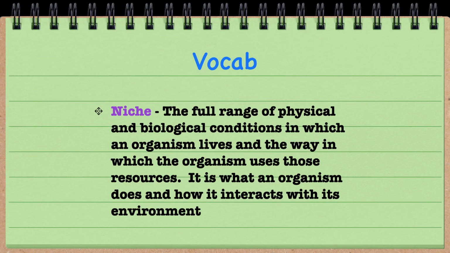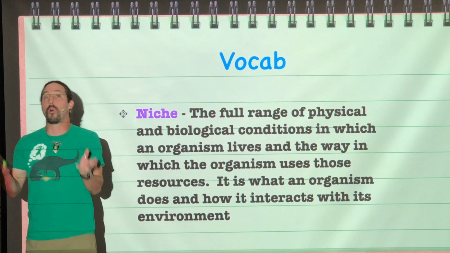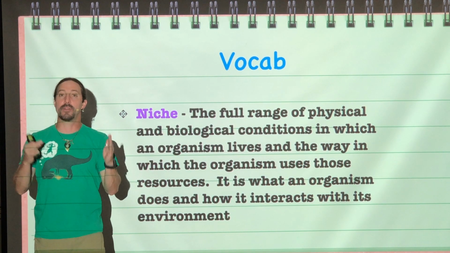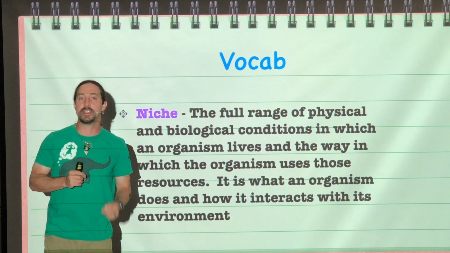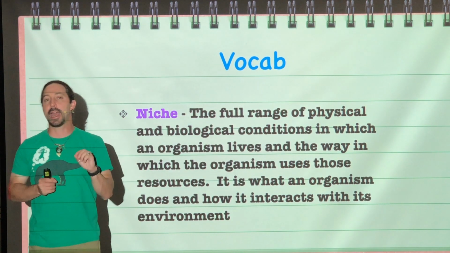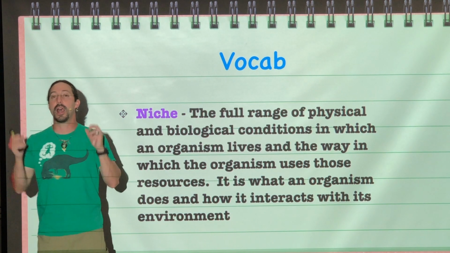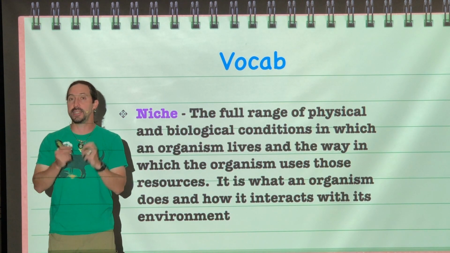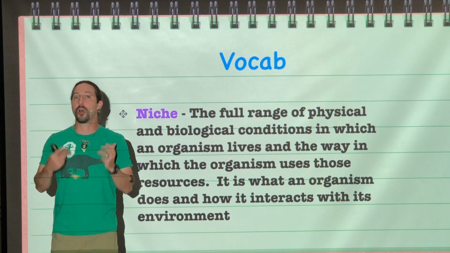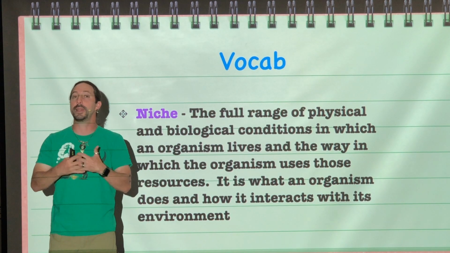Well, let's get started. First off, vocab, a niche. What is it? Basically, an organism's role in its specific environment. And what's important about a niche is that you're not going to have two different organisms within the same ecosystem occupying the same exact niche, because that would cause too much competition between those organisms.